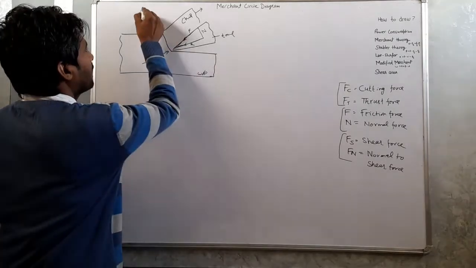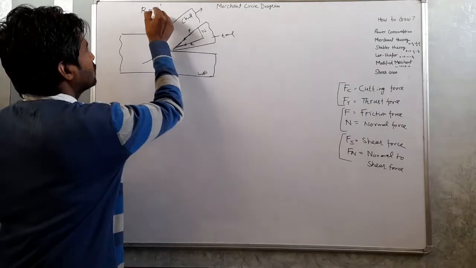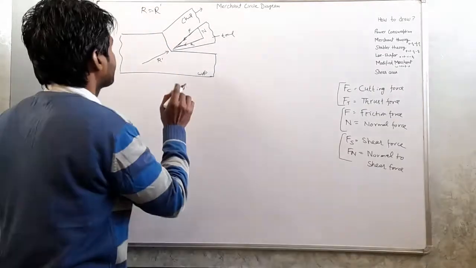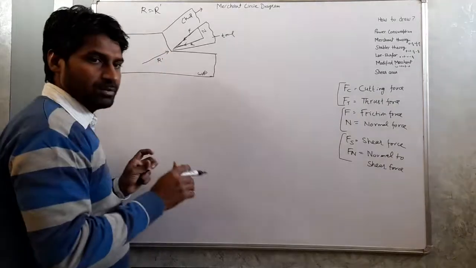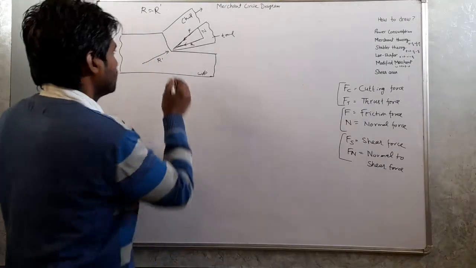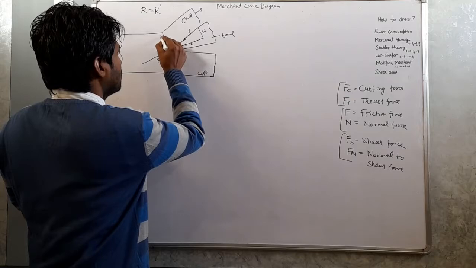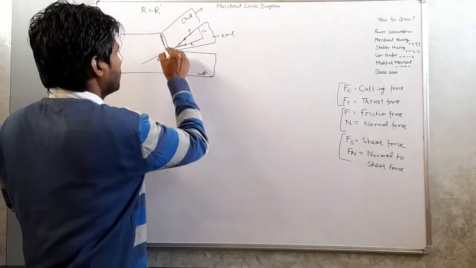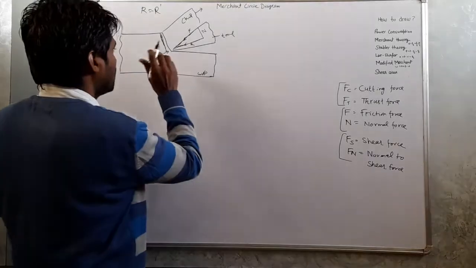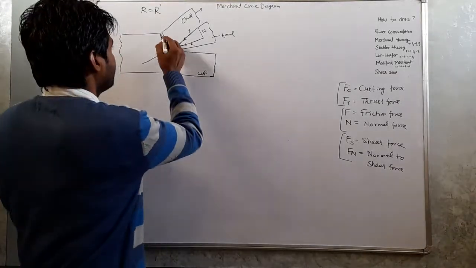R and R dash are equal and opposite. This R dash can be resolved into two components. One is the shear force, in the direction of the shear plane.